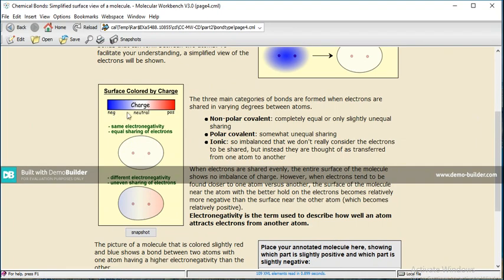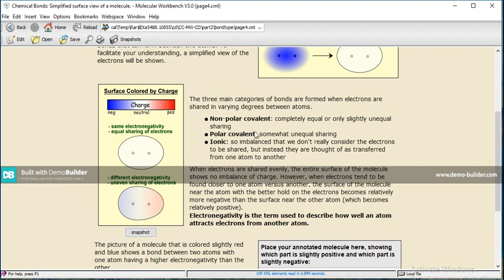It means that where the blue color is, there are more electrons. Where the red color is, there is a smaller number of electrons. The electrons have been transferred from positive to negative, but not completely transferred. We have two poles, the negative pole and the positive pole.